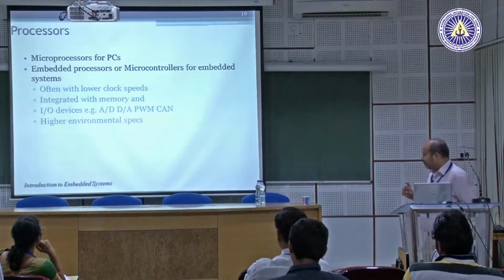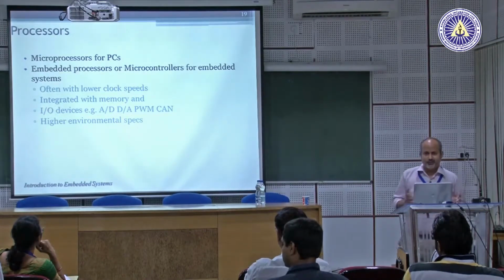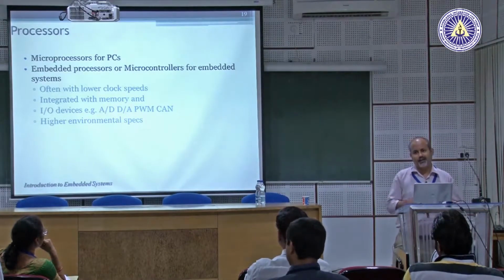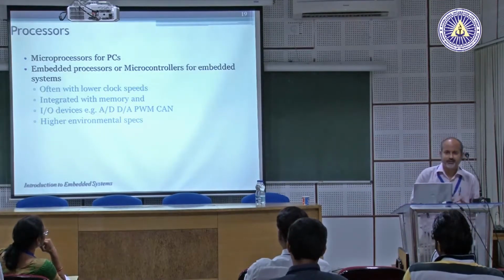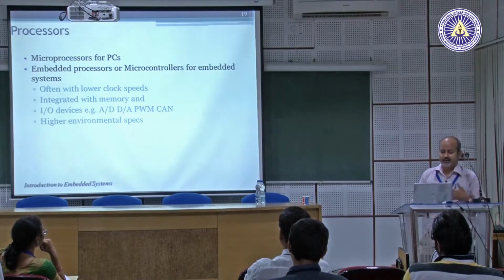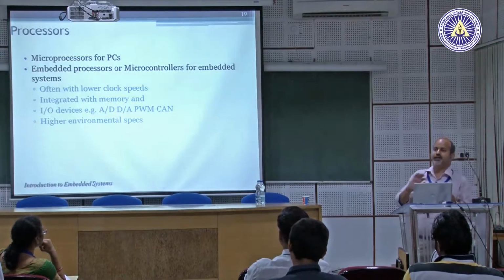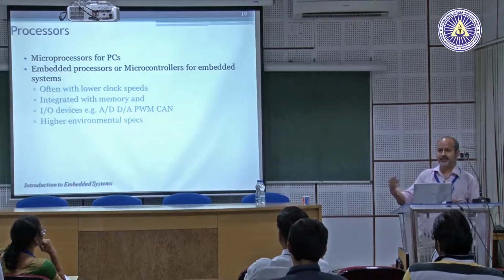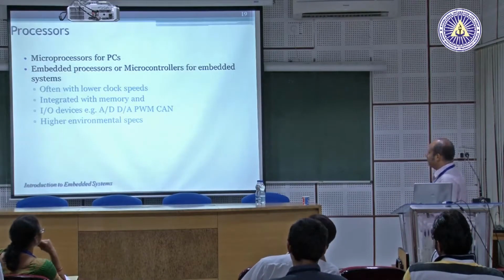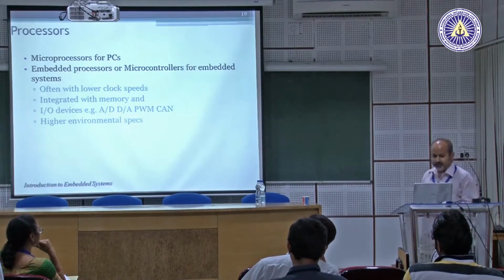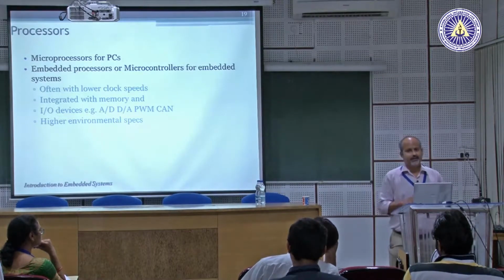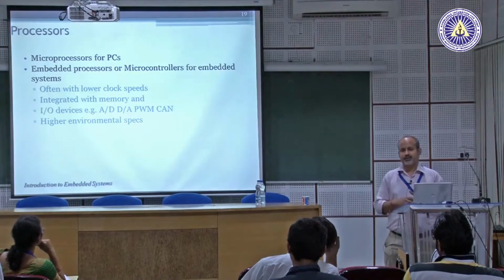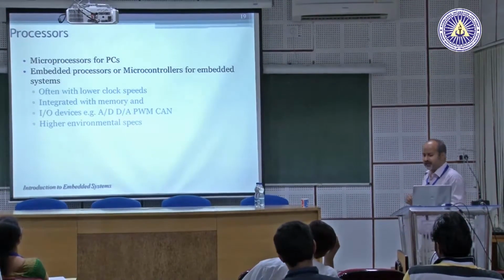So embedded systems have mostly two parts, hardware and software. The hardware part is microprocessors, microcontrollers, memory, system bus, and then the I/O interfaces. I/O interfaces connect you to sensors and actuators, and the processors in the embedded space are quite different from the processors that you buy for your desktop, servers, or laptops.